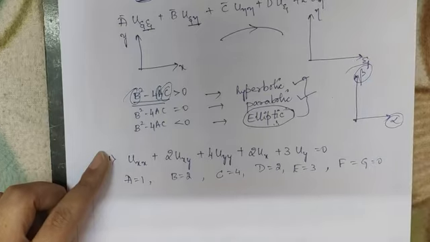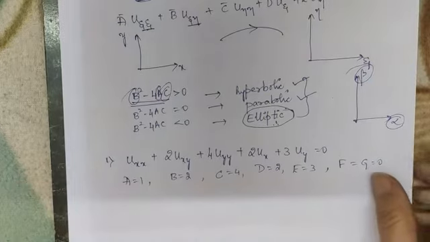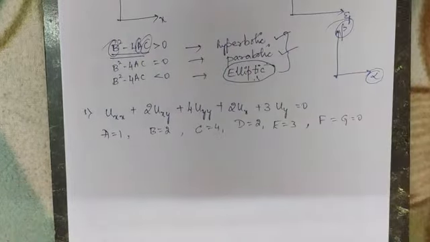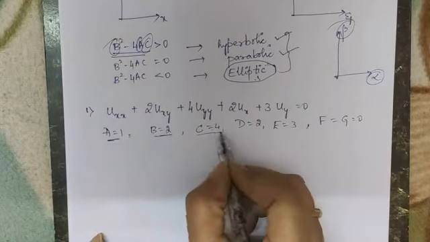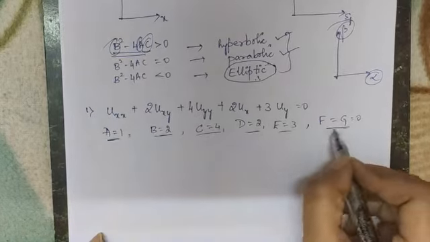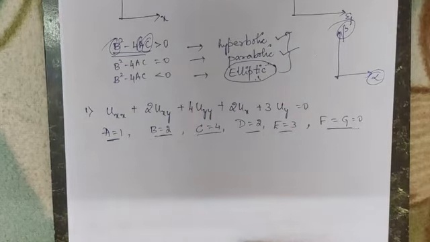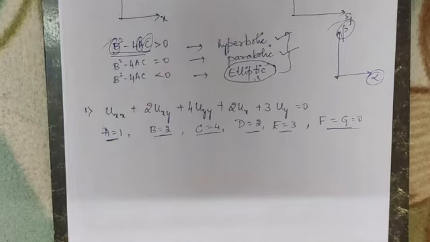One more thing I explained in the beginning class on second order linear partial differential equations: if the coefficients are constants, then the given equation is called a second order partial differential equation with constant coefficients.